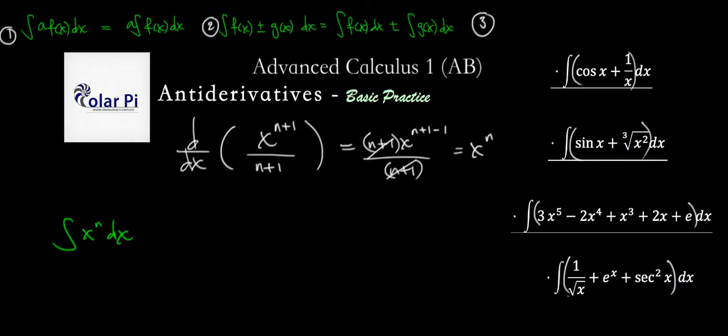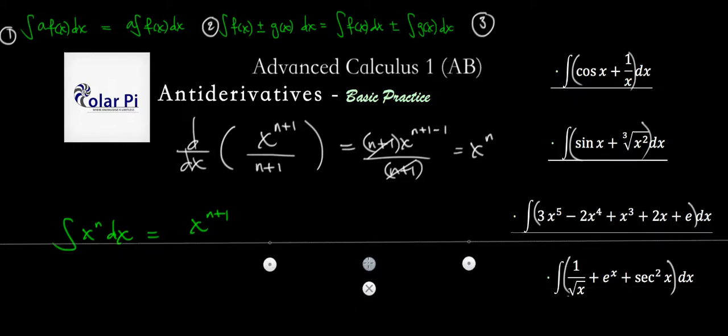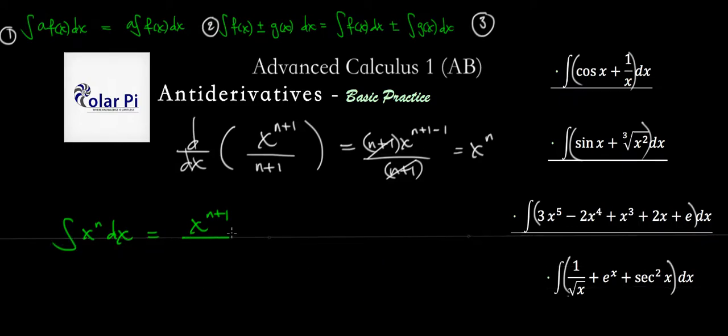You could just, if you want, say the antiderivative of x to the n. But anyway, this here we know should be x to the n plus 1 divided by n plus 1, and of course if I wanted a plus c, I need to write it over n plus 1 and then plus c.